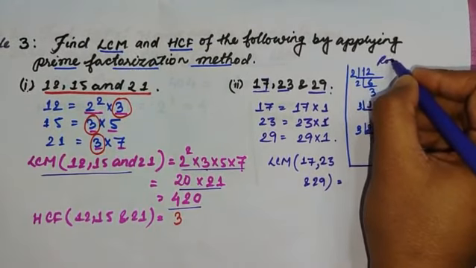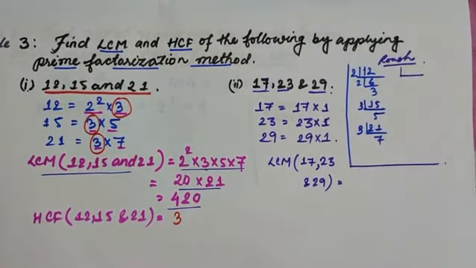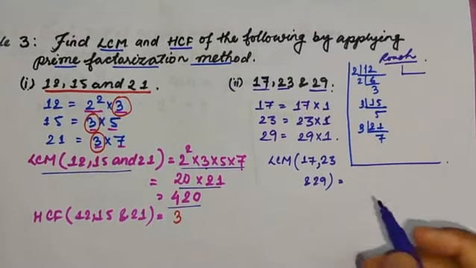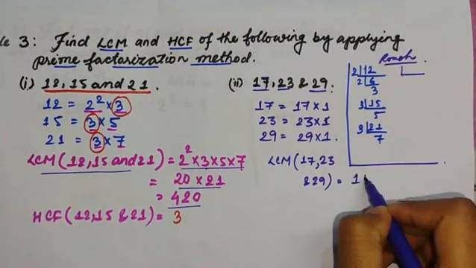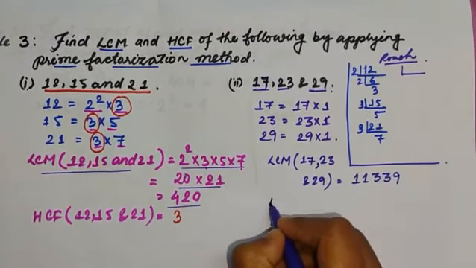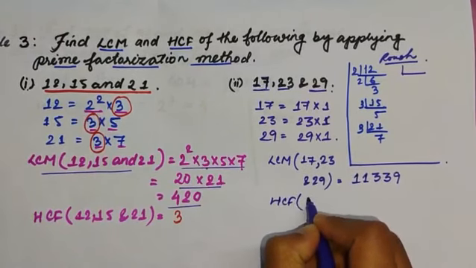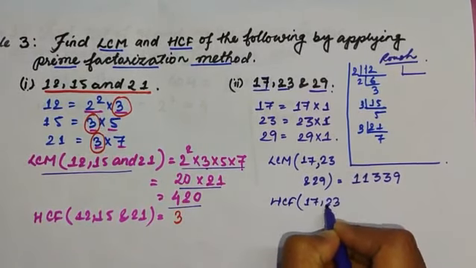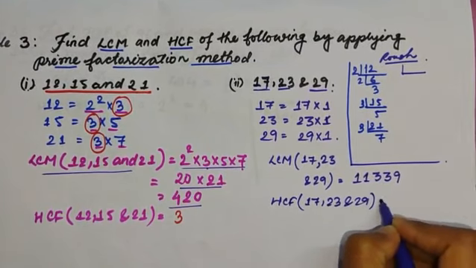This is the rough section. So it will be how much? The multiplication will be 11,339. And the HCF of 17, 23 and 29 will be 1.